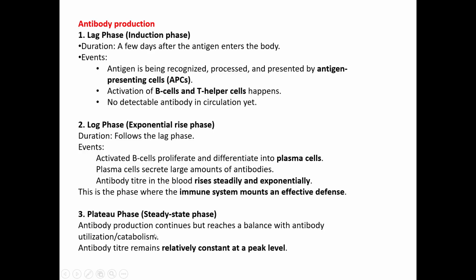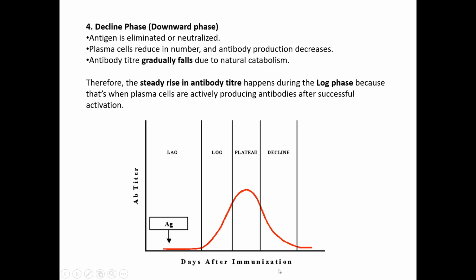Both the newly produced antibodies and the antibodies which are being utilized or undergoing degradation are all happening simultaneously. So it will be in a balanced form. How much is being depleted, the same amount will be produced. So it will be in a steady state, that is a balanced state. Then antibody titer remains relatively constant at the peak level. Once the peak is reached, it will go to a plateau and it will be constant now.